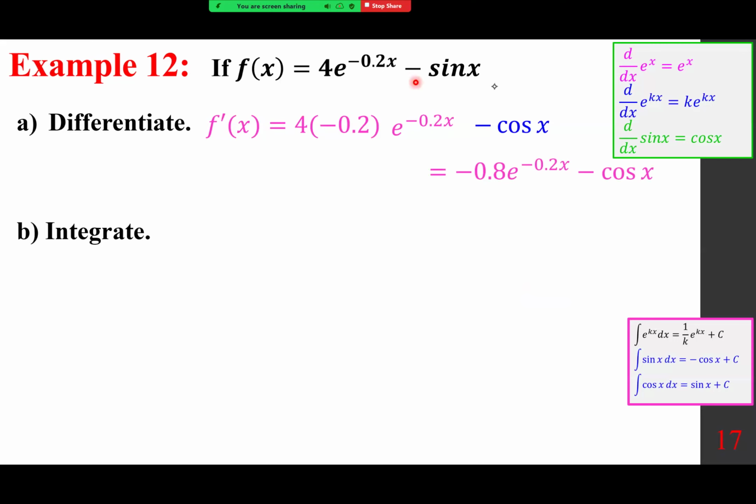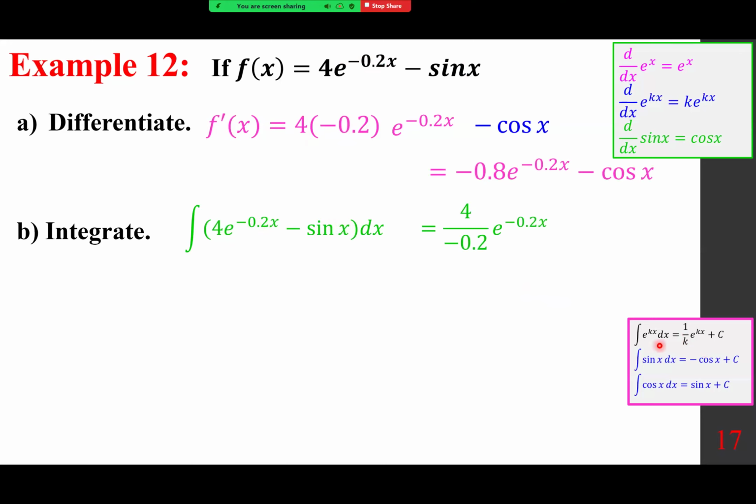Now, to integrate this, we're going to put a dx next to it. And again, in the case of a differentiation, we multiply by this. Now, in the case of integration, we're going to divide by this. Now, the derivative of sine is cosine, but the integral is negative cosine.